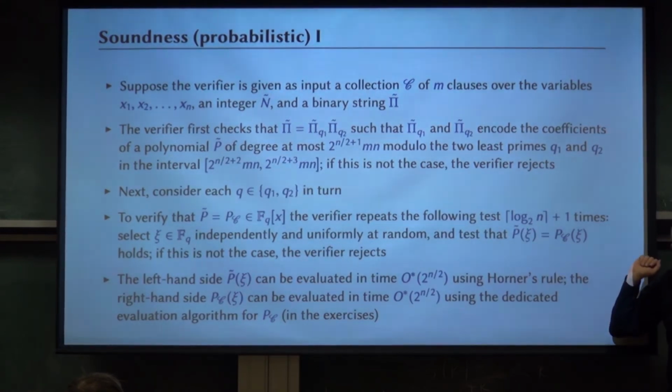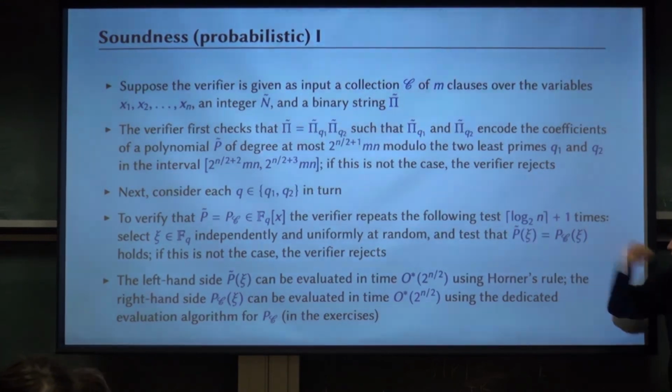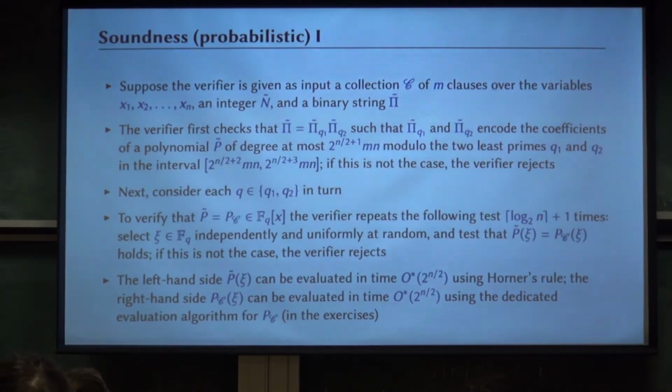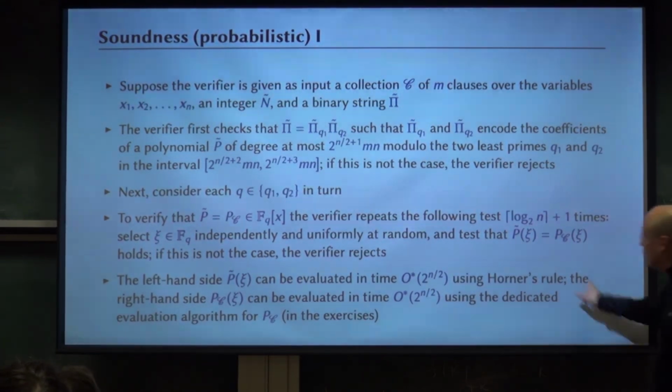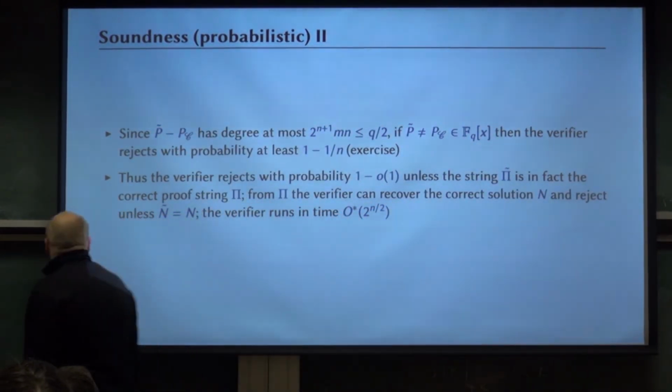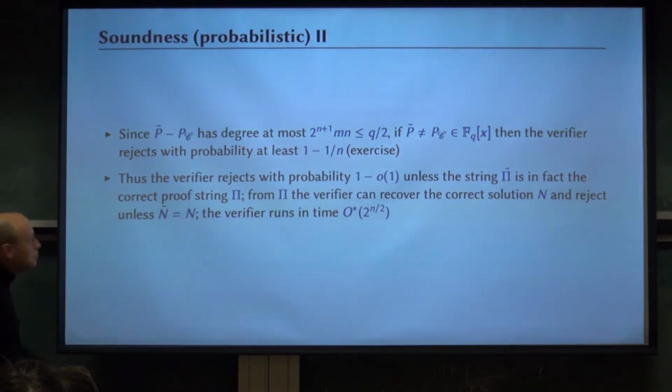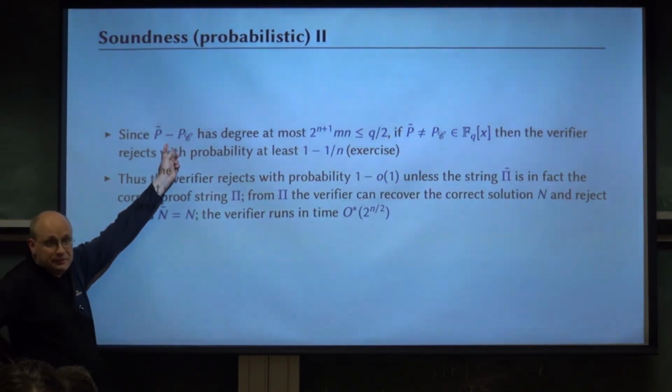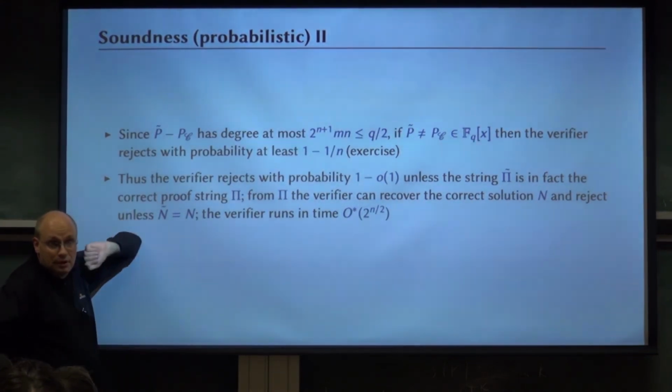So what is the probability that all the tests will go through, given this logarithmic number of repetitions in the number of variables? Now we get into polynomial identity testing. Let's try to analyze the parameters. Suppose that we don't have the correct polynomial, namely that this difference is not the zero polynomial.